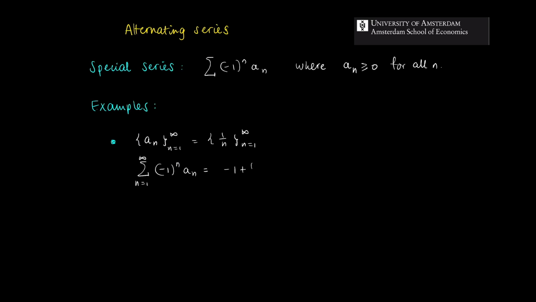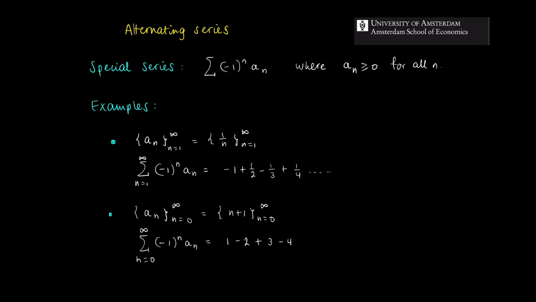So then we get the series minus 1 plus a half minus 1/3 plus 1/4, etc. Another example is the following, where we just take a_n equal to n plus 1. Then the infinite sum would read as the sum of (-1)^n a_n, which equals 1 minus 2 plus 3 minus 4, etc.